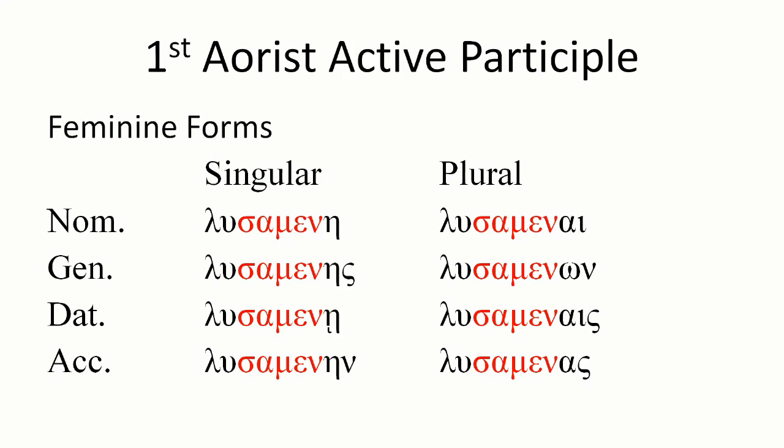Moving to the feminines, I'll go over these really quickly. You should be picking up on the pattern pretty quickly here, though. Lusamene, nominative singular. Lusamenes, lusamene, lusamenein. Feminine plurals, nominative lusamenai, then lusamenon, lusamenice, lusamenas.